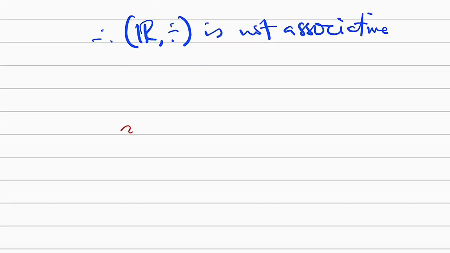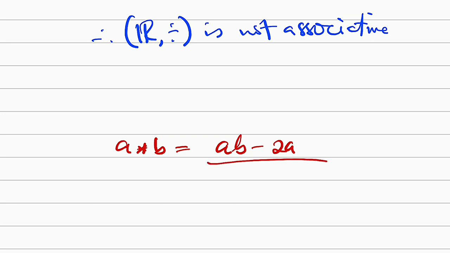For example, let me use variables: a asterisk b is equal to ab minus 2a. For example, this is a definition. So whenever you are given another operation apart from the four basic operations, you know it has to always be defined.